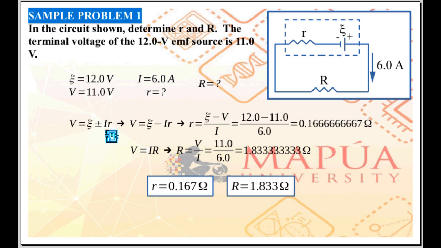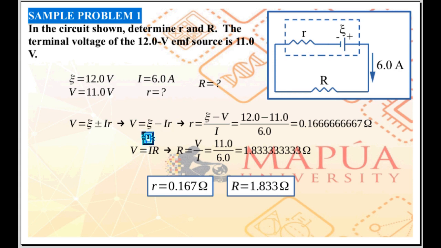For that, we take a look at the current I. What part of the EMF source will the current enter? Will it enter the negative side or the positive side? Following the flow of the current, we see that the current will enter the negative side of the EMF. We use the minus sign.